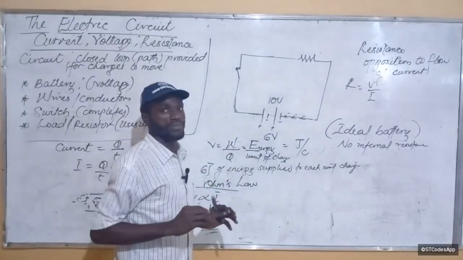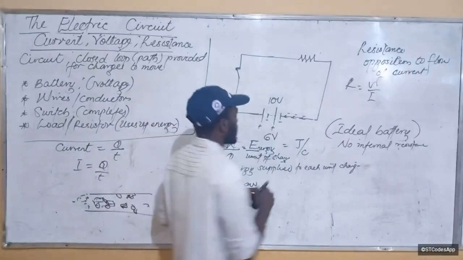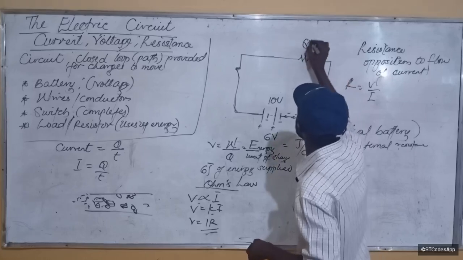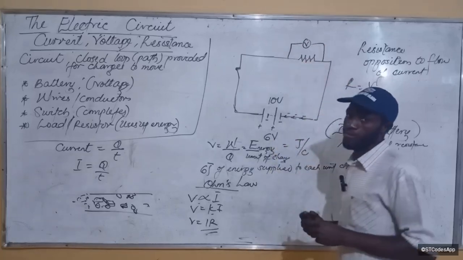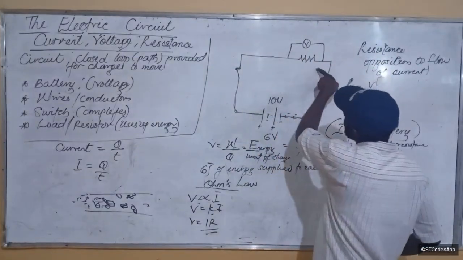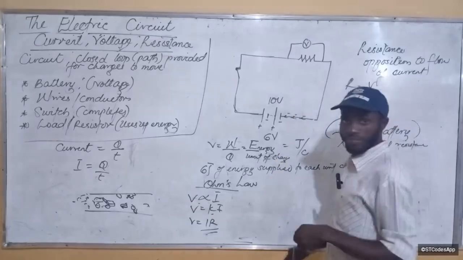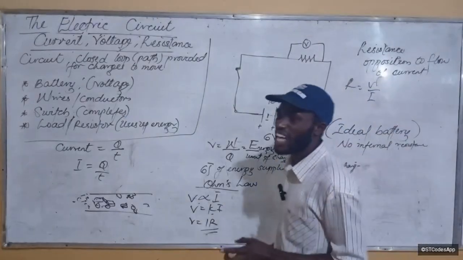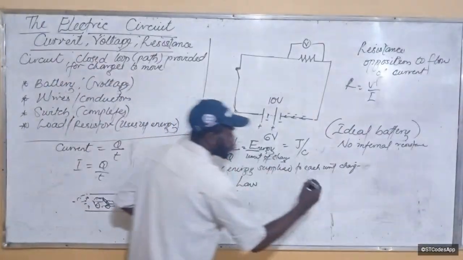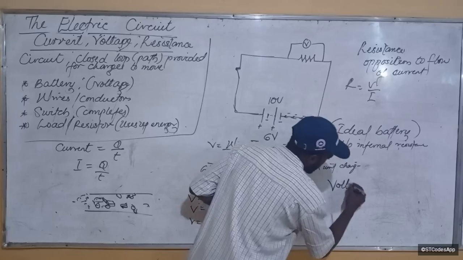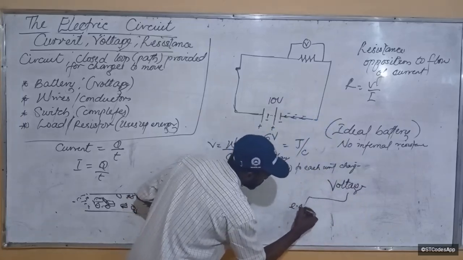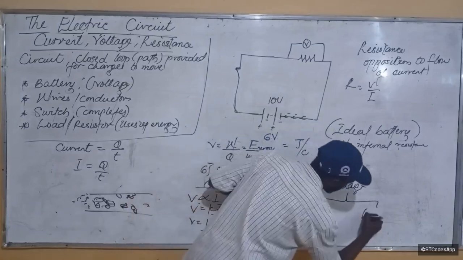Exactly. Okay, so to measure that, we always put a component across this. We call that component a voltmeter. So a voltmeter will help us to measure the voltage across this point. We call that potential difference, and that brings us back to voltage. There are different names we call voltage now. Voltage can be called EMF or potential difference.